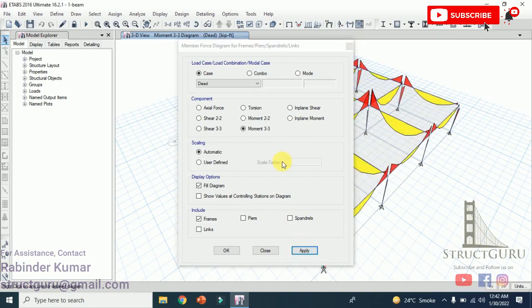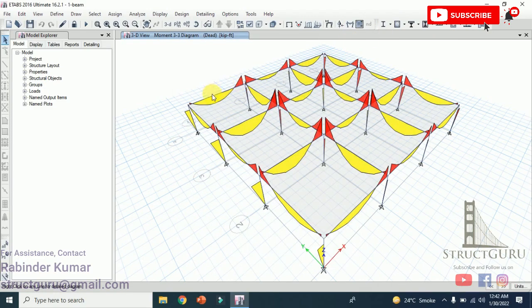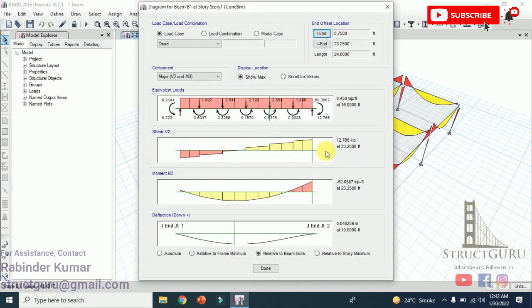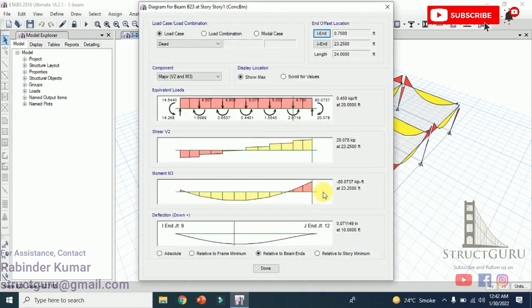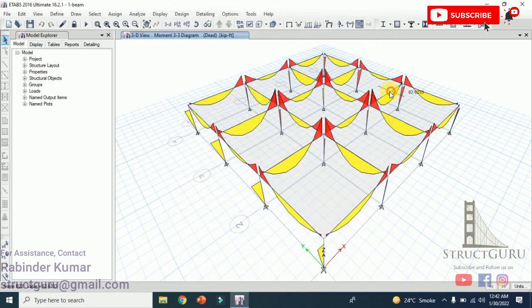So let's switch to the moment diagram, and if we take these two beams as an example, we are getting minus 50.0587 kip-ft of moment at the support, and for this beam we are getting minus 80.0737 kip-ft of moment.